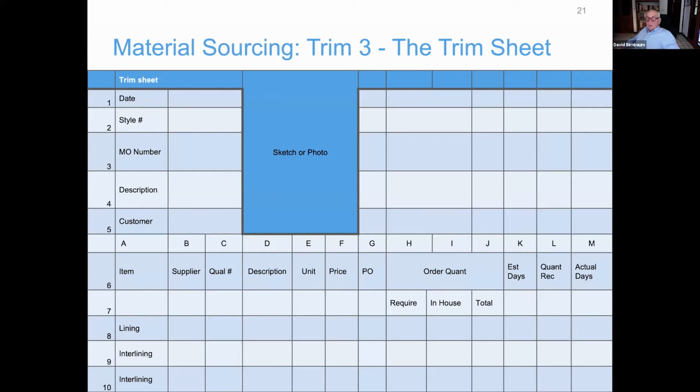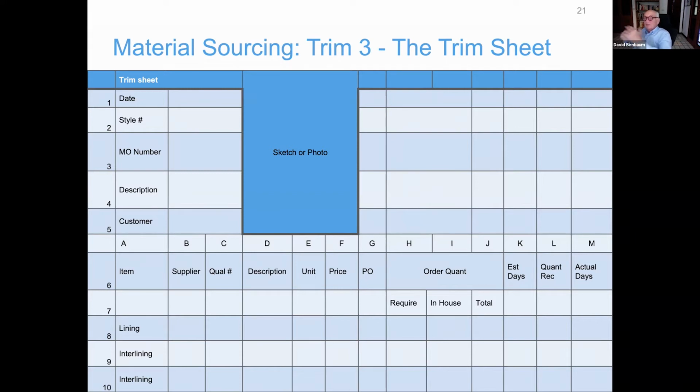Once you have the order, then you issue a PO, production order, and you tell requirement in-house and total. In many cases, you have stock of trim items, particularly in thread.